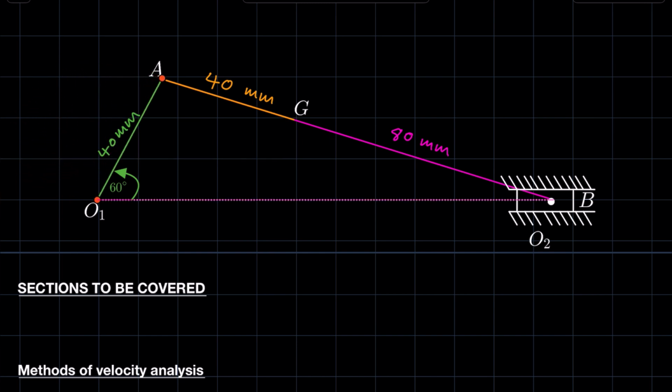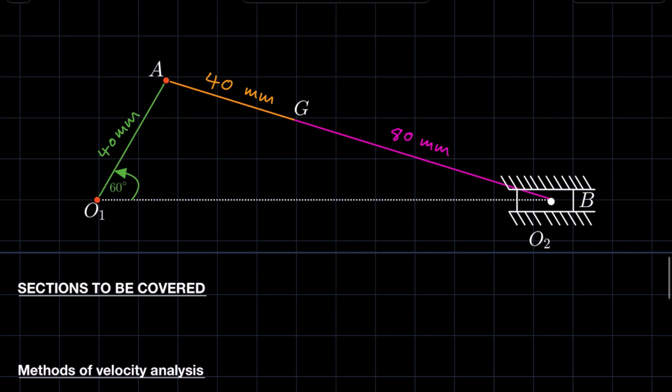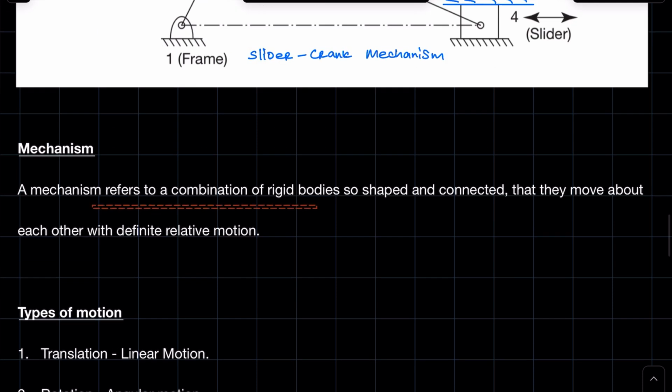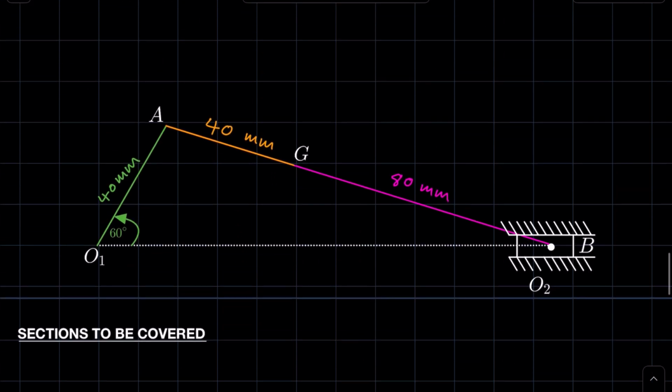So it rotates. Now, how does the rotation of the crank influence the connecting rod? That is where the definition of mechanism comes from. How does the motion or the rotation of the crank influence the connecting rod?